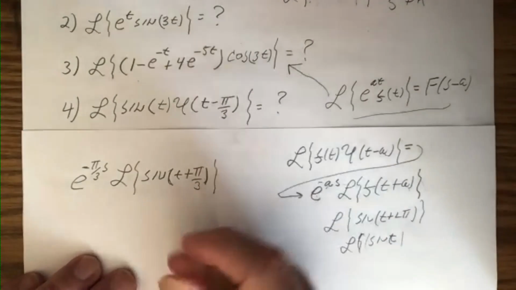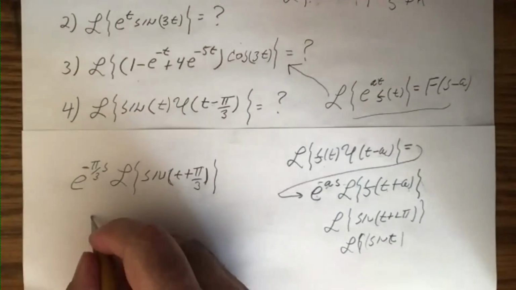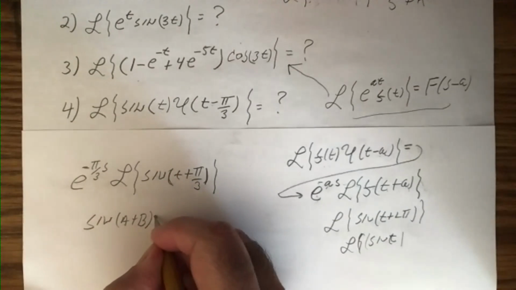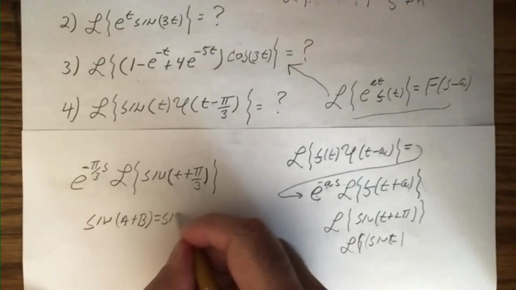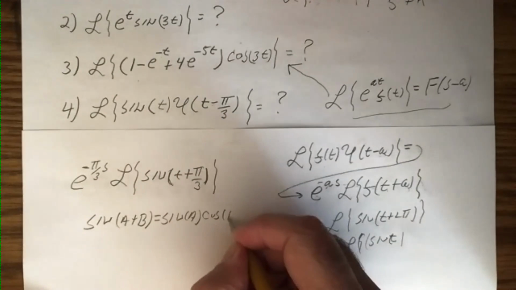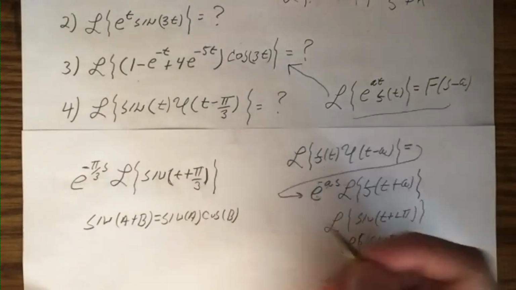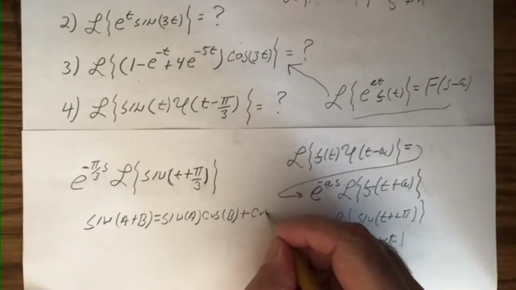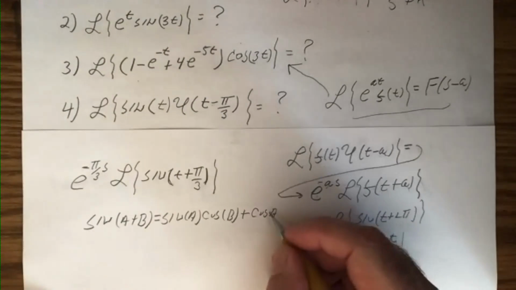Well, I have to use the trig identity that the sine of a plus b is equal to the sine of a times the cosine of b, plus the cosine of a times the sine of b.